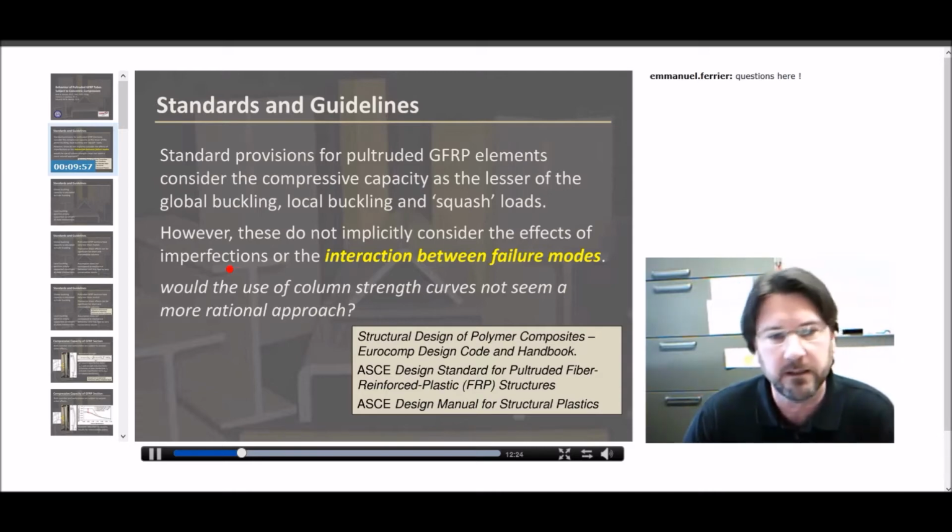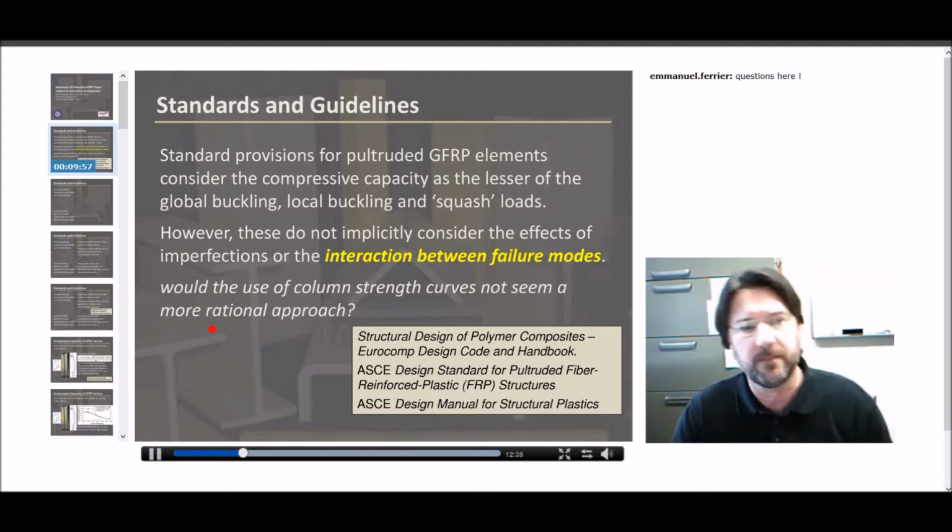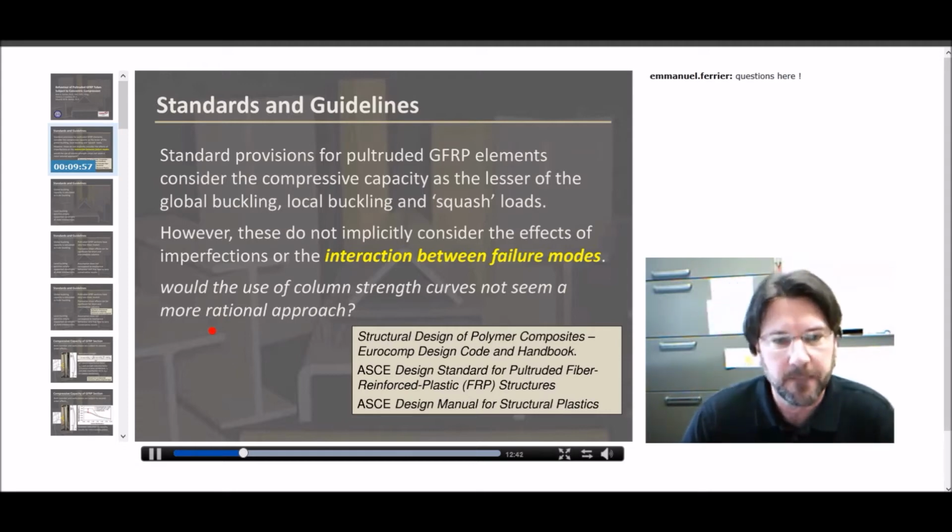They vary more internationally than we may be comfortable with, so we do need to be able to consider these imperfections. Our approach is simply using the old-fashioned column strength curves. Wouldn't this be a more rational approach to developing the compressive capacity of FRP columns?